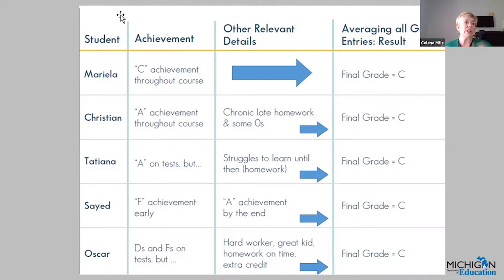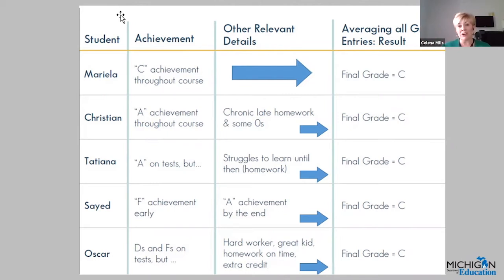So let's say we look at Christian. He's got some late homework, some zeros. His final grade is a C. We don't know what he didn't do or doesn't know based on those zeros. We just think that he's got an average understanding of the content.